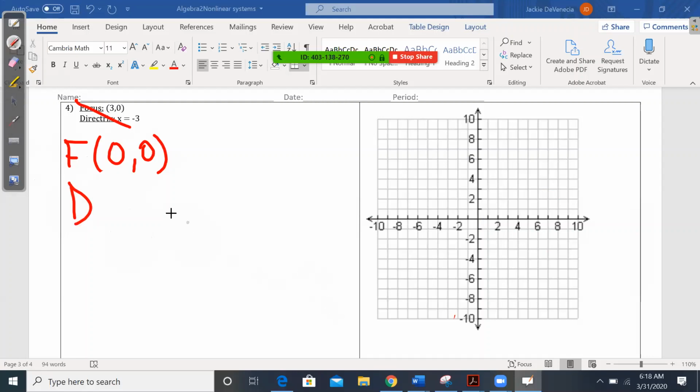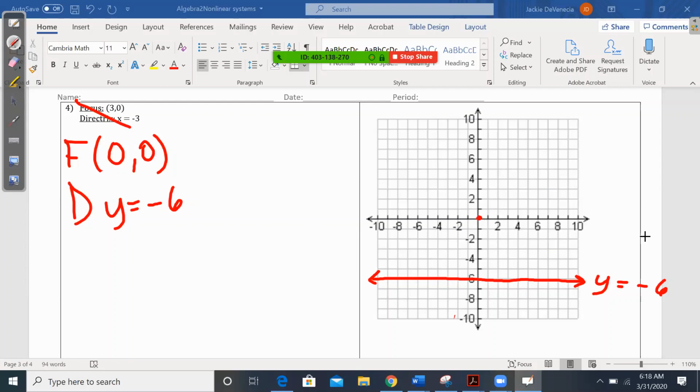My directrix is going to be y is equal to -6. So let's draw that. This is y is equal to -6, and my focus is right there.